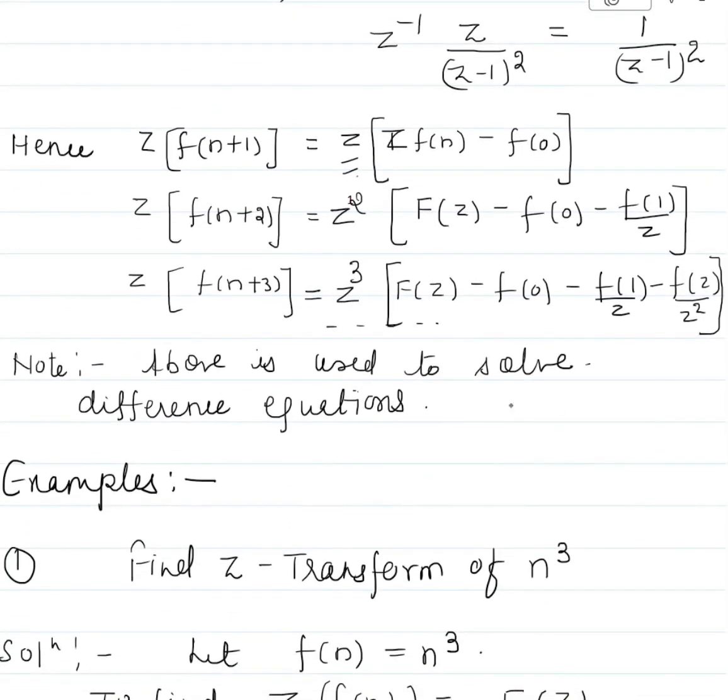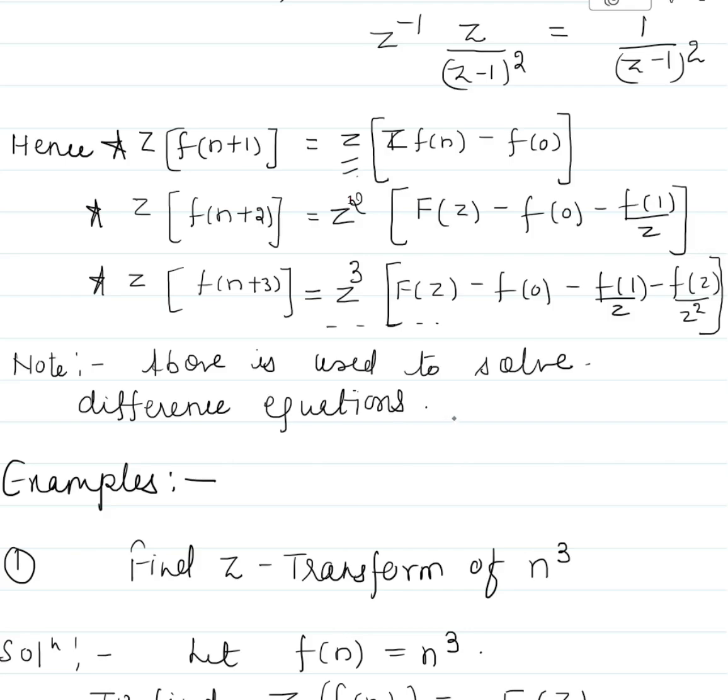And this is a very important thing. Here you can use these particular formulae which I am highlighting with the star 1, 2, 3 and so on, the same formulae you can use to solve a difference equation. So this is the application of the Z transform.